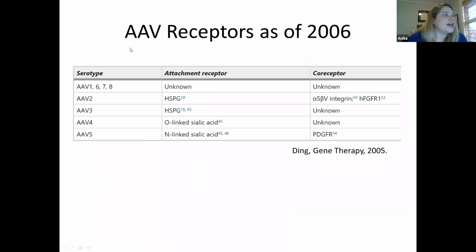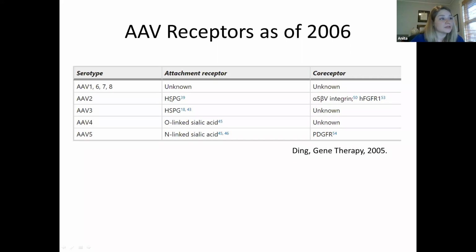So again, why would a serotype have a preference for a particular type of cell? It basically has to do with the receptors. So in 2006, it actually wasn't known what the receptor was for 1, 6, 7, and 8. For 2 and 3, it was HSPG. And then co-receptors are basically things that help it tether.